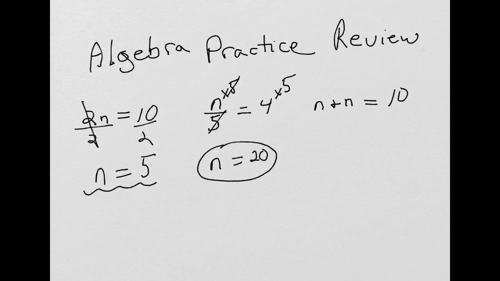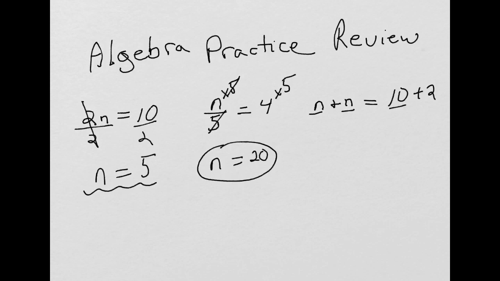The second thing here, this third question, is kind of like combining like terms. So in this case, we have 2 like terms here, and perhaps I'll even change the question a little bit. Let's say we also had a plus 2 here. And so the like terms that we have here are an n and an n. Those are alike.